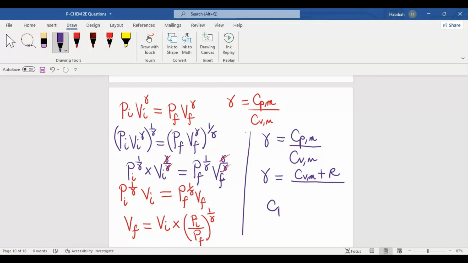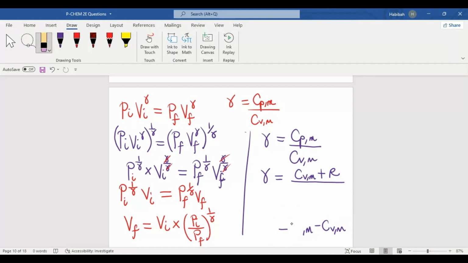You know that Cp,m is equivalent to Cv,m plus R. Or you can remember from a previous session, R is equal to Cp,m minus Cv,m. This is in your thermodynamics or physical chemistry textbook. The gas constant is just basically the molar heat capacity at constant pressure minus the molar heat capacity at constant volume. This is a known formula, and that's basically what we're using here.